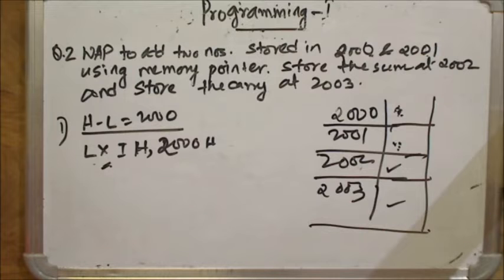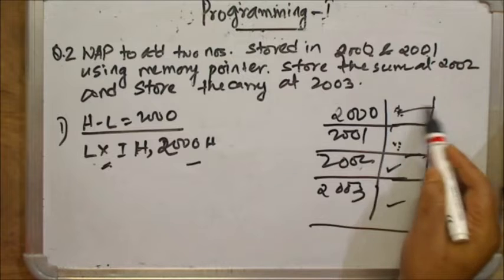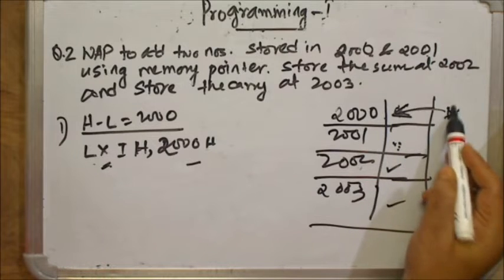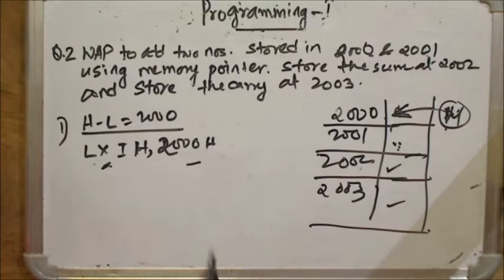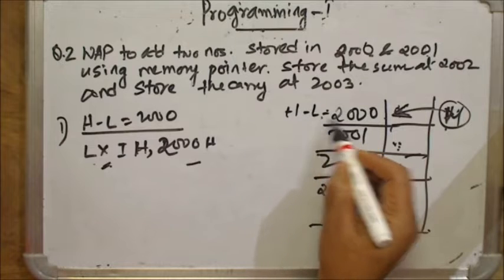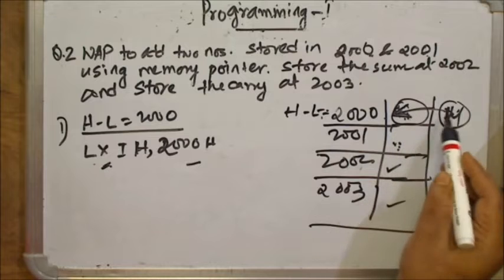Now, as you initialized the HL pair with 2000, the data which is stored in memory location 2000 will act as M, because the HL pair is initialized with 2000.